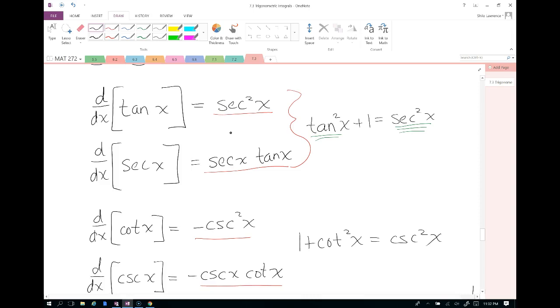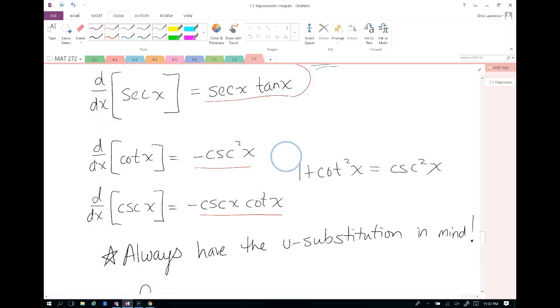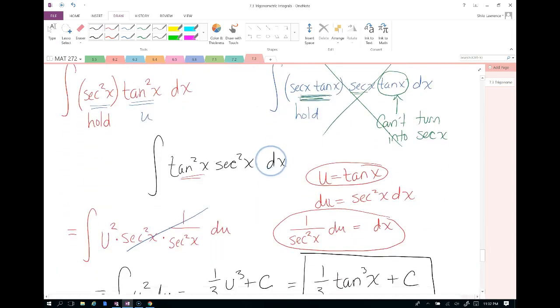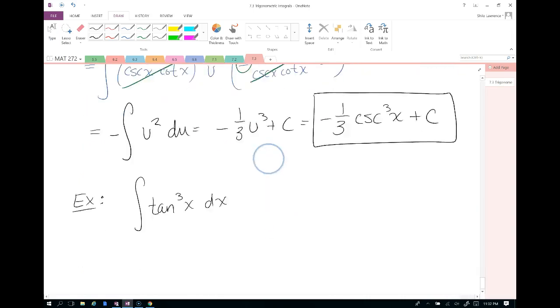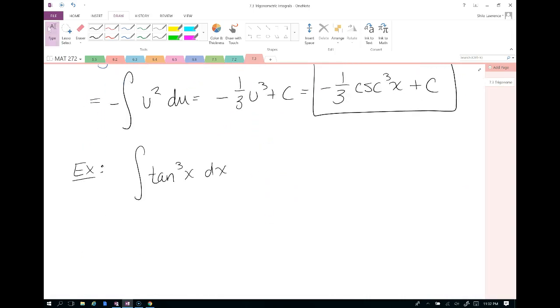I can't even start to hold on to one of my derivatives to see which u substitution is going to work because I don't even have either of these derivatives available. So just to be able to start this problem, we need to go ahead and switch some of those tangents over to secants at the very beginning.